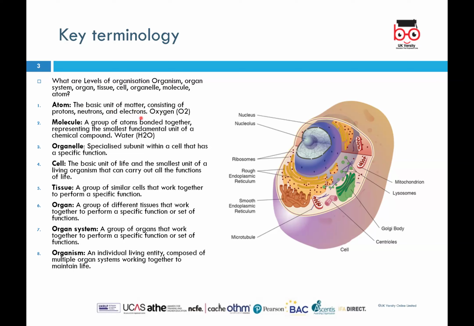What's a molecule? A molecule is a combination of atoms. Okay, so they are bonded together, they are bound together. And they're the smallest fundamental unit of a chemical compound. For instance, water, which is known as H2O. So an atom is oxygen. An example of an atom is oxygen.